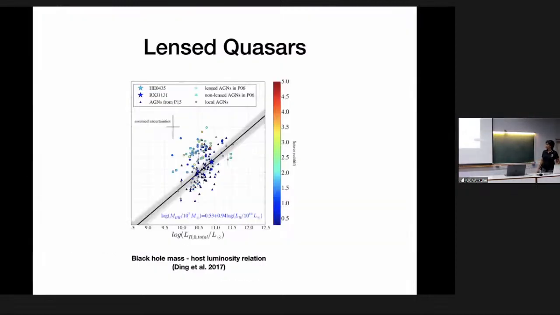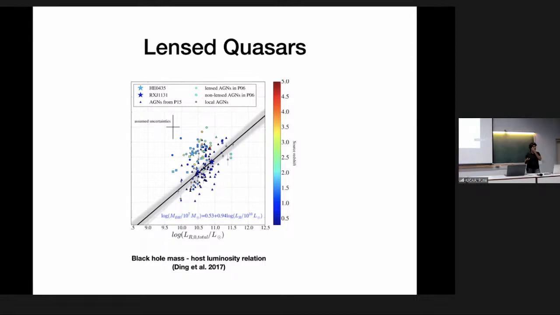Right. So some of the other applications are, for example, you can make use of lensed quasars to get some idea about the properties of the black holes which are hosted in these systems. So you can look at the scaling relations. For example, there are theories which try to explain what black hole masses we see, in what kind of host galaxies we expect to see them, and how these massive black holes can be formed, right?